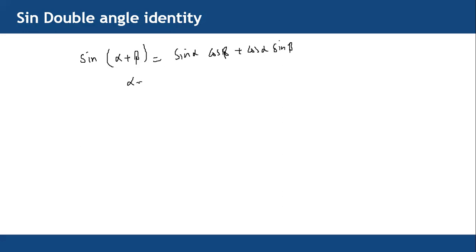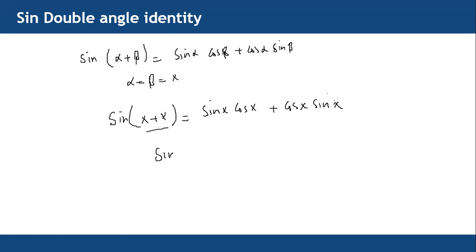If alpha and beta are both equal, let's suppose equal to x, how can we solve? x plus x gives sine x cosine x plus cosine x sine x.